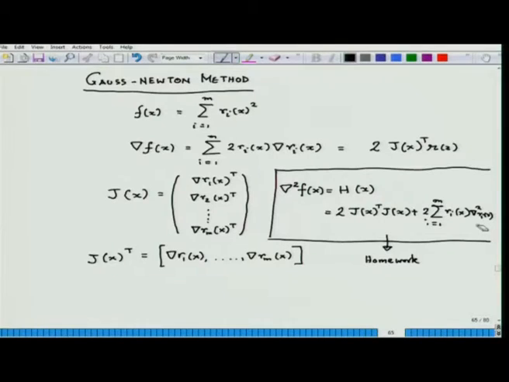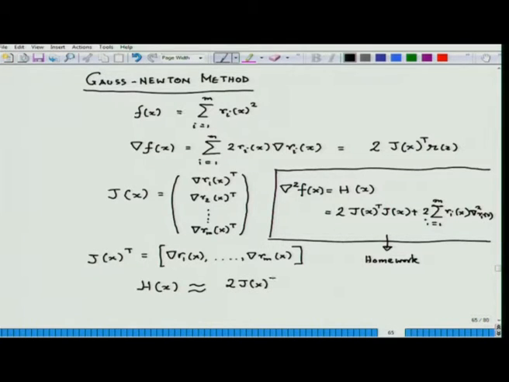But instead of doing so, I can do a little bit of tuning here, and I say okay, let me not take H(x), the Hessian matrix itself, but some sort of approximation of it. So, I take H(x) as almost this.